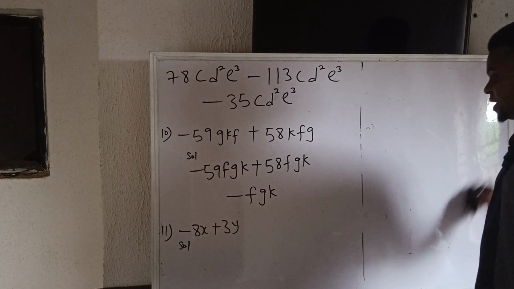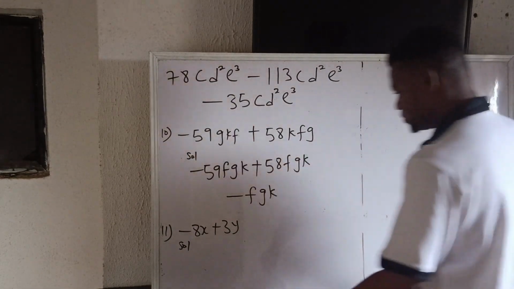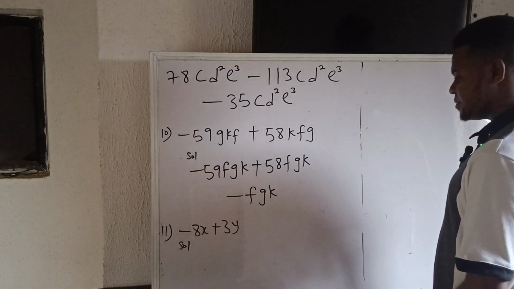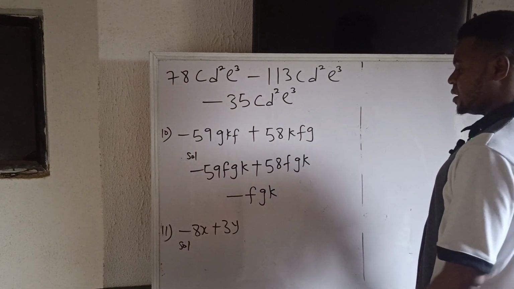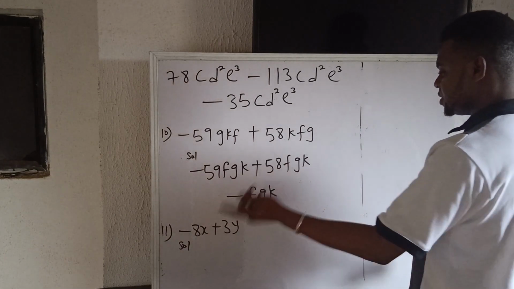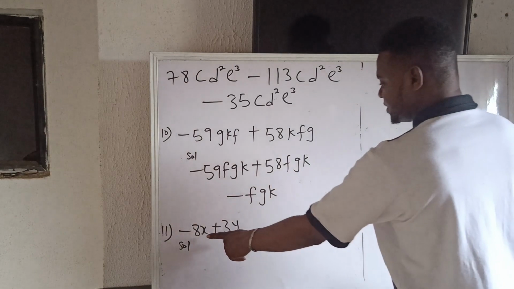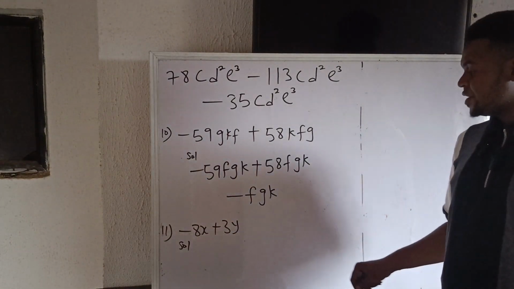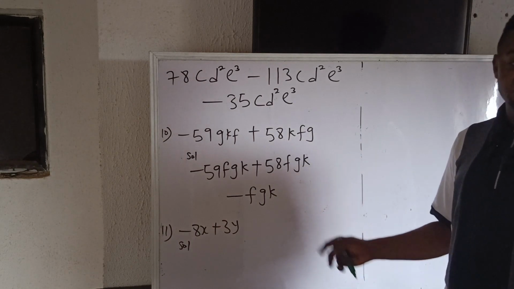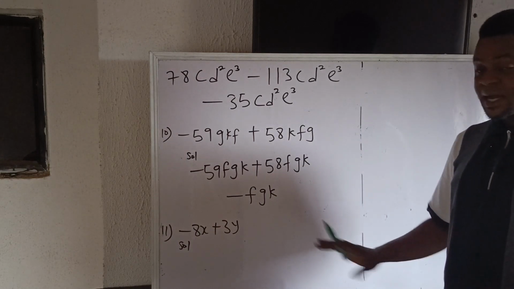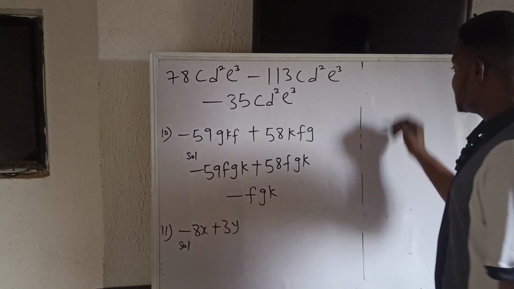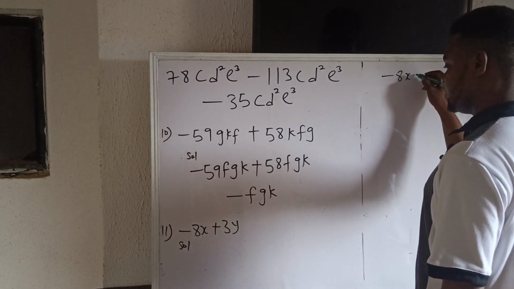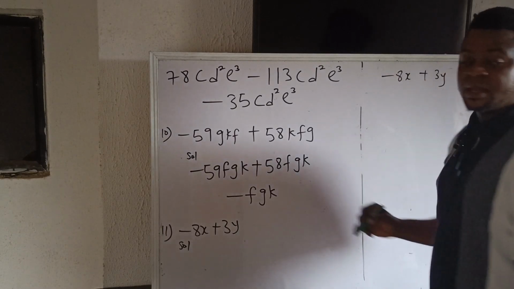So I'll just write it back. But looking at the variables, I'm having x and y. So the variables are not the same. Since the variables are not the same, then that means I cannot add and I cannot what? Subtract. So minus 8x plus 3y is going to be my answer.